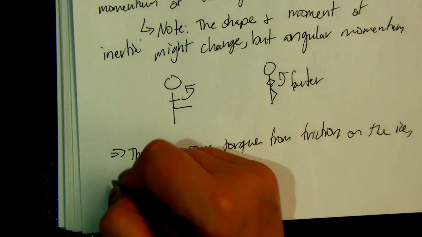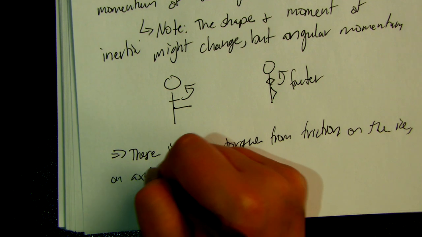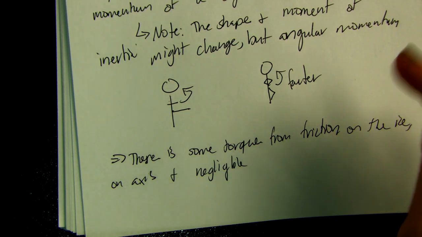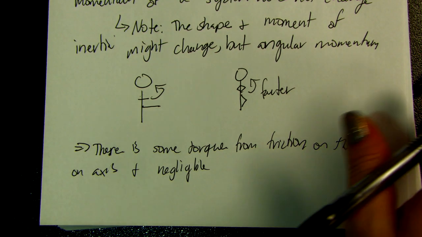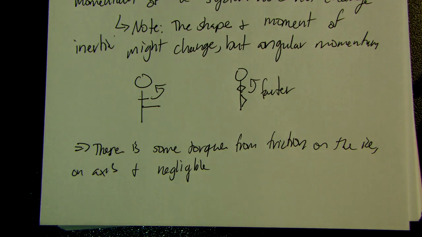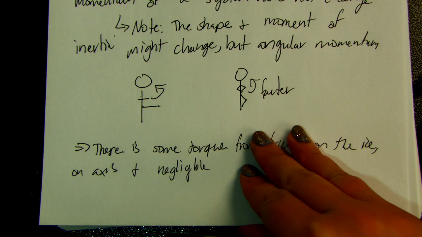Friction on ice is on axis and negligible. So all she is doing is, because angular momentum is conserved, if she changes the moment of inertia, therefore the resistance to rotation, she will go faster because it will have to compensate for that change in inertia in some way.